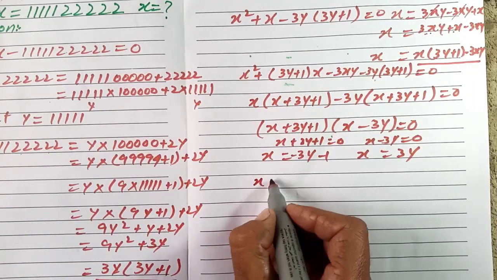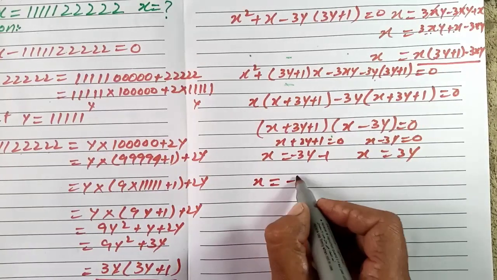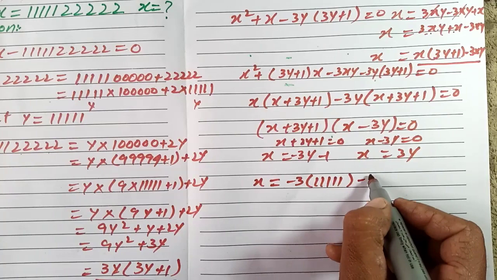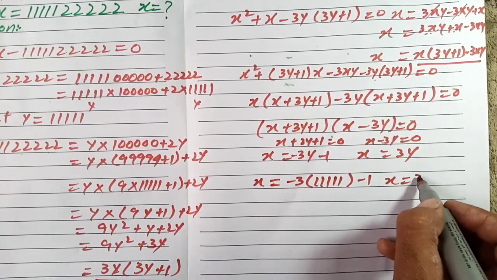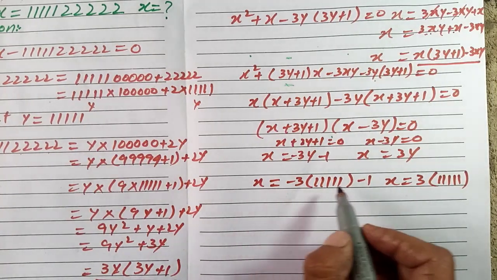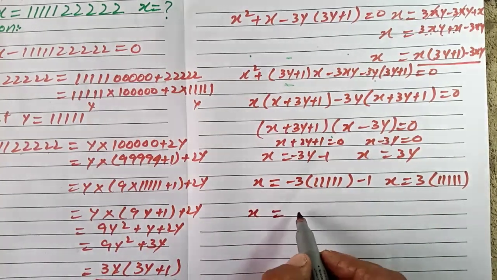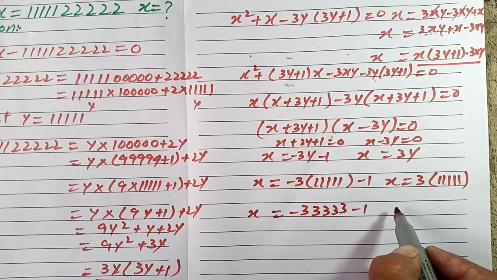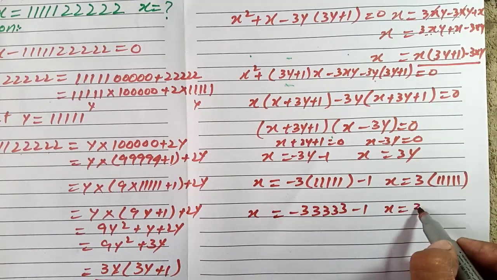We can get x, which is equal to minus 3 times 5 times 1 minus 1, and in this side we have left 3 times 5 times 1. So here we can get x, which is equal to minus 3 times 5 times 3 minus 1, and in this side we have 5 times 3.